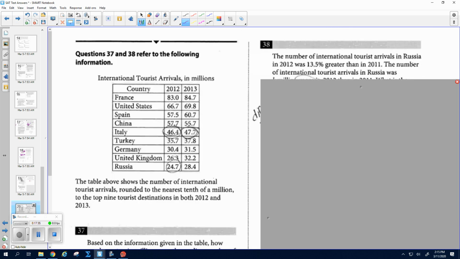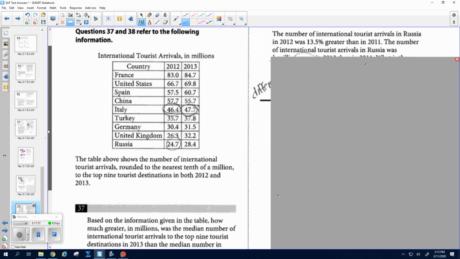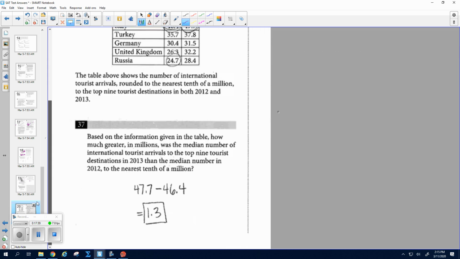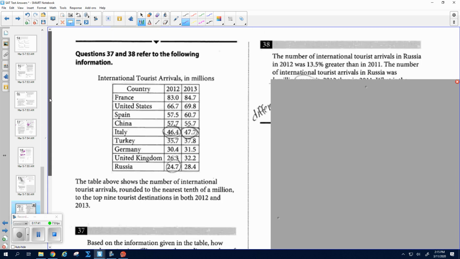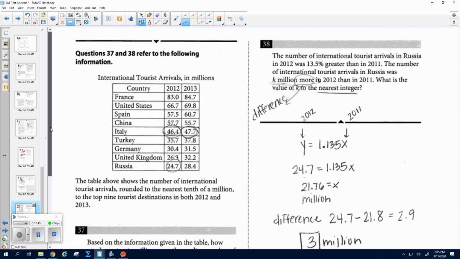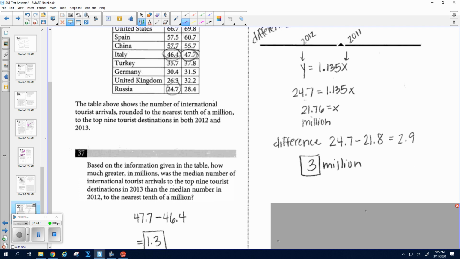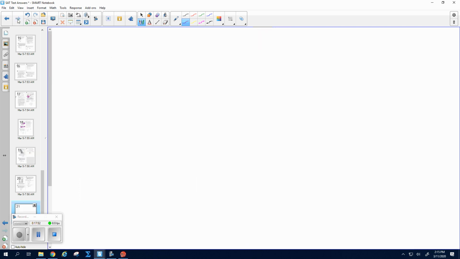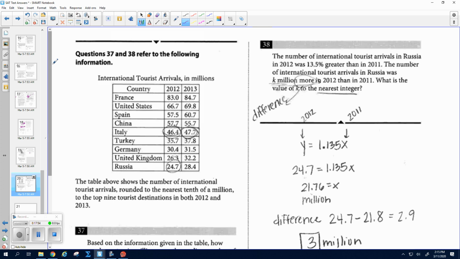Number 37 is 1.3. Number 38 is 3 million. You do round. It tells you what to round to. Oops. So is the last one 38, you guys? Yes. Okay.